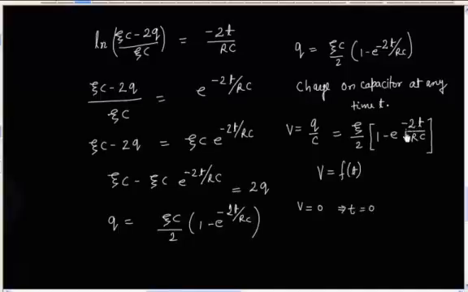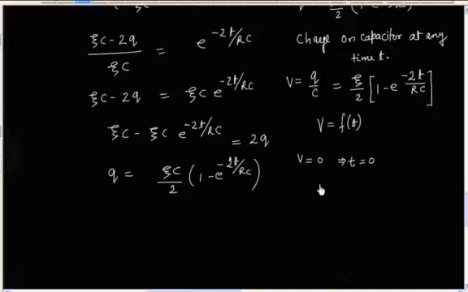If I plug in 0, this becomes 1, so 1 minus 1 is 0. And when t is infinity, this term will be 0, so the potential difference is xi by 2.